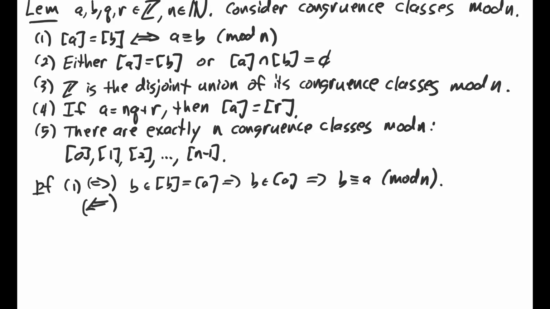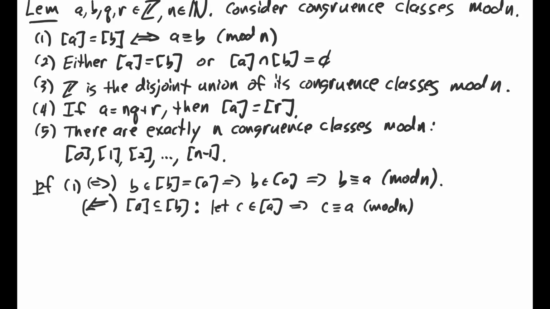For the reverse direction, commonly when you want to show two sets are equal, which is the statement congruence class of A is equal to congruence class of B, you show mutual containment. So let's show that A is contained in B first of all. So start with an arbitrary element in the congruence class of A, call it C. By definition, this says that C has to be congruent to A, mod n.